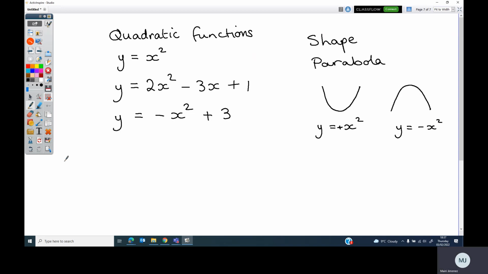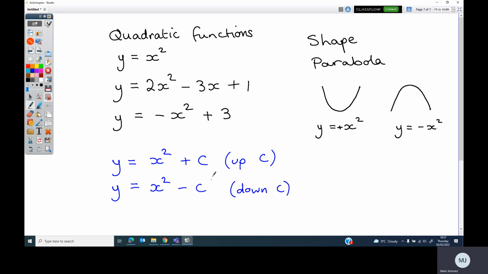We have some other terms. Then you've got your translations. If you have x squared add a number, so this can be add a constant c, that means it moves up by c. Whatever that number is, it's gone up. And if it has x squared subtract c, that means it goes down by c boxes.